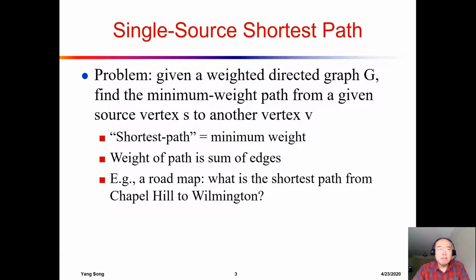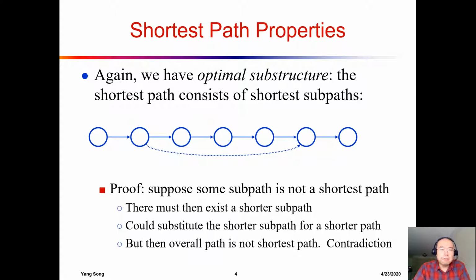Since the speed limit is a little bit higher, I suspect the travel time from Chapel Hill to Raleigh and then to Wilmington might be a little bit shorter than from Chapel Hill to Fayetteville and then to Wilmington. So that's the idea of the shortest path.